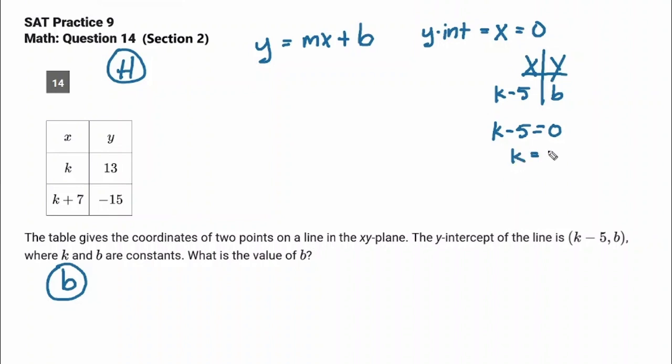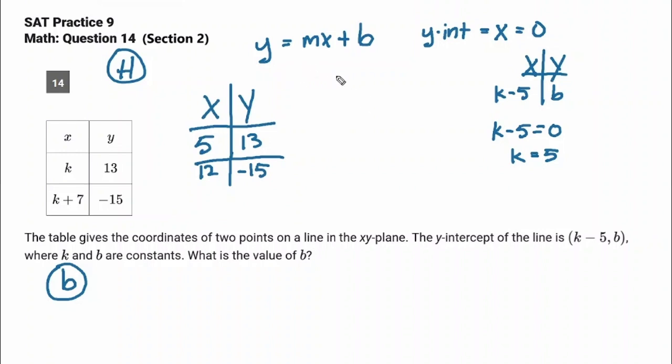Pretty easy algebra here. K is 5. All right, let's head over to this little chart. So I want to rewrite it, but I don't have any mystery. There's no more k's anymore because k is just 5, 13. And then for the second one, k is 5, k plus 7 is 12. That's minus 15. So you now have all the components you need.